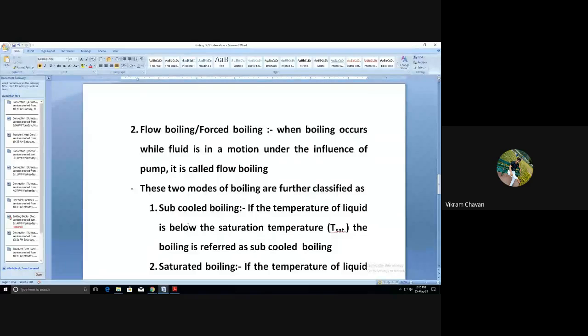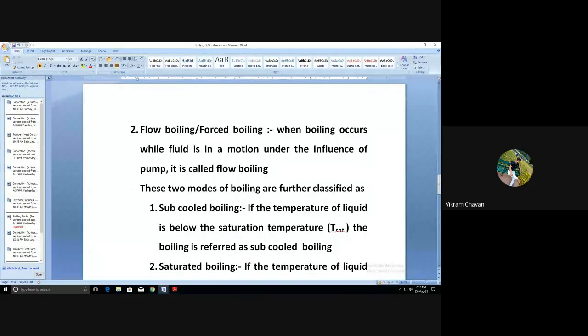Here you have to remember what is meant by saturation temperature: the temperature at which a fluid changes its phase from liquid to vapor or vapor to liquid. If boiling in the liquid is happening below saturation temperature, that is called subcooled boiling.